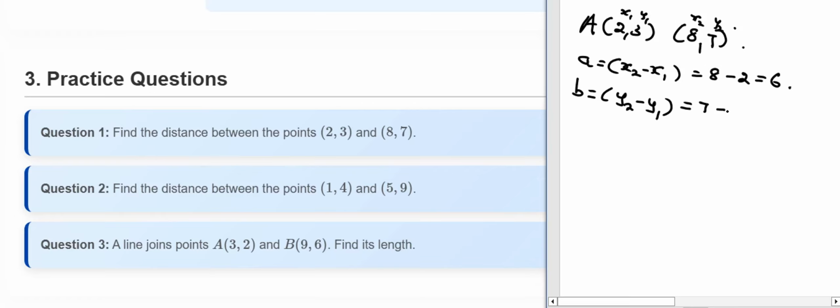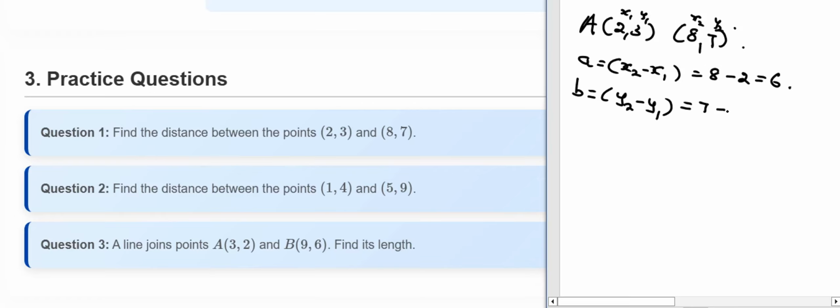Can we try the last example? It says a line joins points A, which is 3, 2, and B, 9, 6. Find the length. So in short, it's asking us to find the distance between the 2 points. Point A is 3, 2, and point B is 9, 6. As usual, we have A, which is given by x2 minus x1.